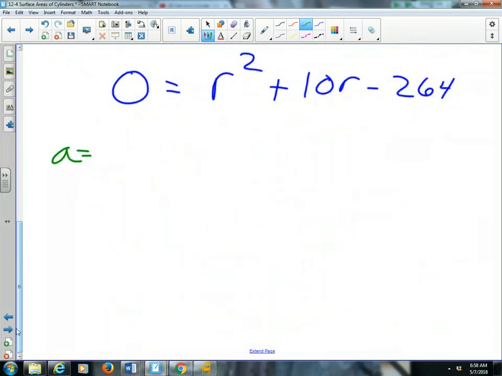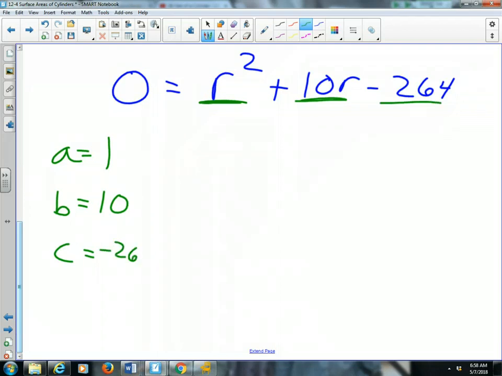So a is the number in front of our r squared term, so there is 1r squared. b is the value in front of our r term, and that value is 10. And c is our constant term, a negative 264. So our answer comes from negative b, a negative 10, plus or minus the square root of b squared.